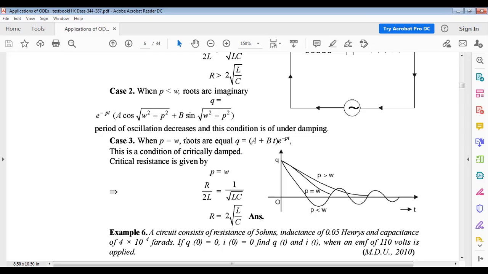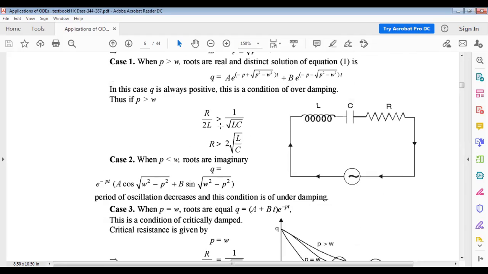Now for equal roots, if p equals omega, that means the discriminant equals 0. Understand? Then the roots are equal. In that case, we can write the solution for equal roots: q equals a plus bt, times e to the power minus pt. If p equals omega, the discriminant will be 0.